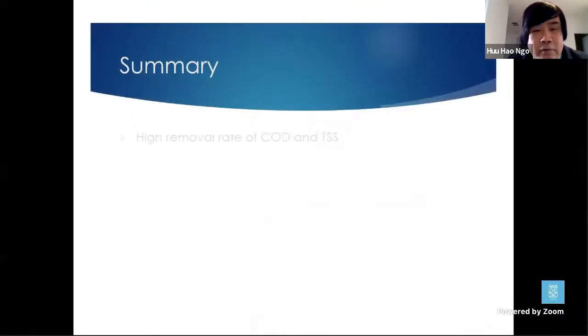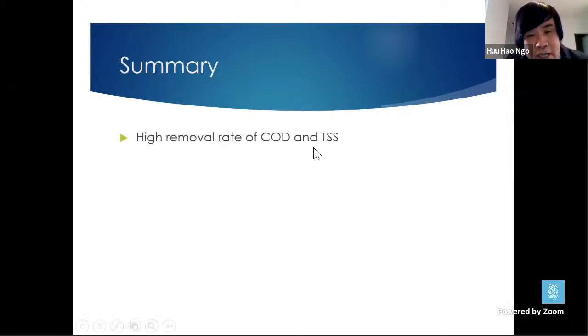Okay, so now the summary. We can say high removal rate of COD and TSS, but TSS is really high, while COD is uncertain. Sometimes it is very high, sometimes very low, and during the day it goes up and down quite a lot. It's not stable.